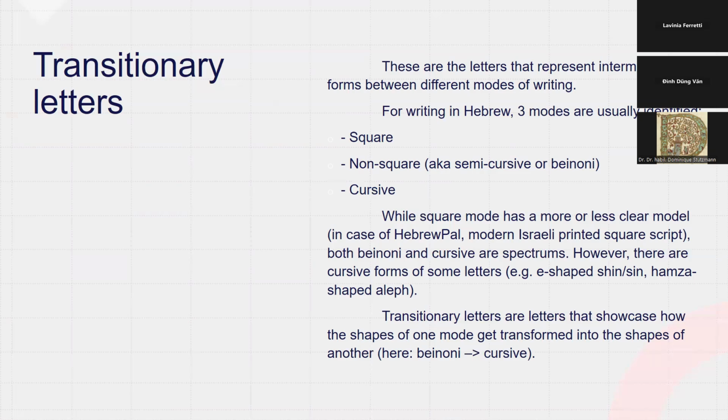Transitionary letters are letters that showcase how the shapes characteristic of one mode get transformed into the shapes more characteristic of another mode. The majority of the examples I'm going to present exemplify the transition between Benoni or non-square into a cursive script.